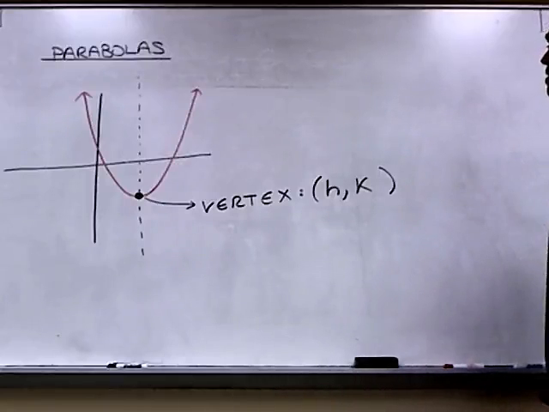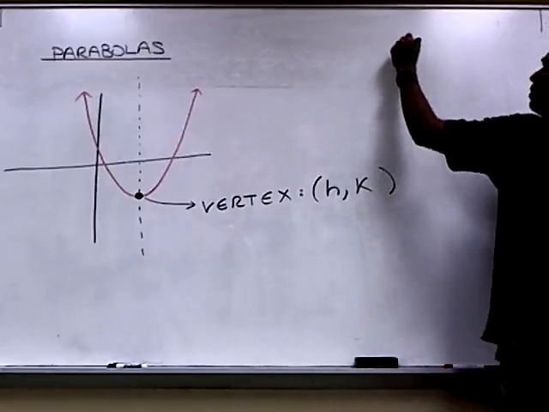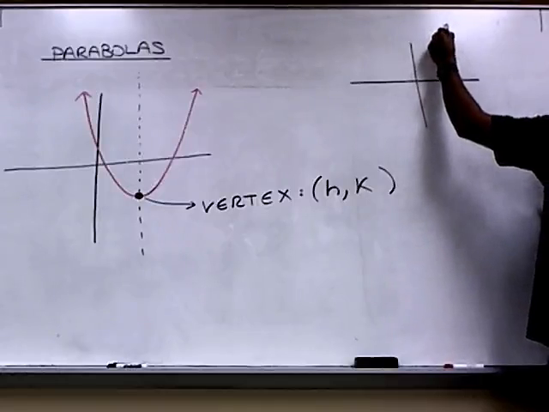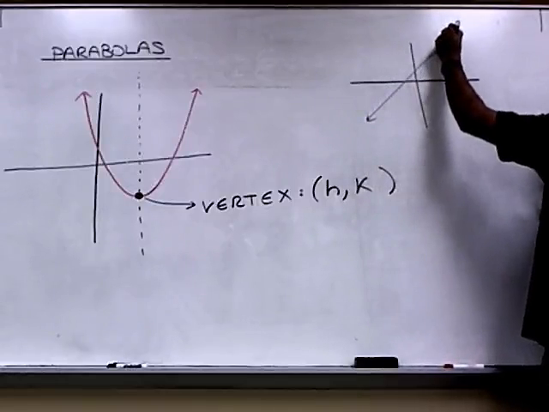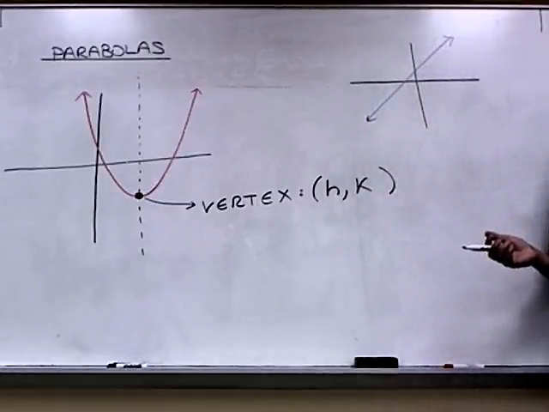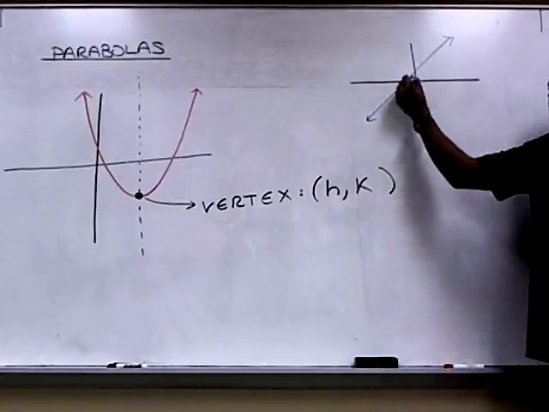But now let's talk about some other points. And I'll remind you of these points with this. Remember when we were studying lines? When we first started looking at lines, I said there were really 2 ways to graph a line. The first way we learned was to use the intercept method. Do you remember that?